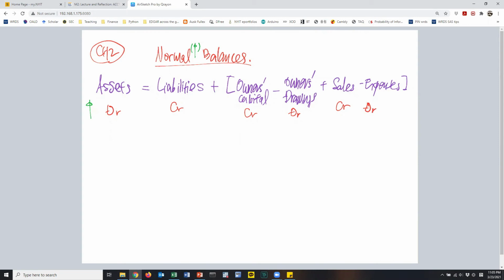Then what do you say when an asset is decreasing? It is recorded on the abnormal side. You don't say that, but you record it on the opposite side of the normal balance. Credit side, debit side, debit side, credit side, debit, and credit.